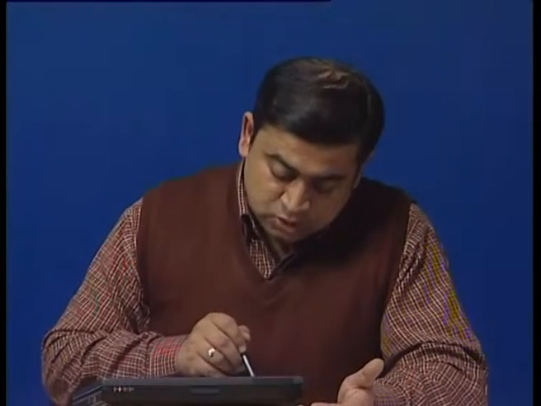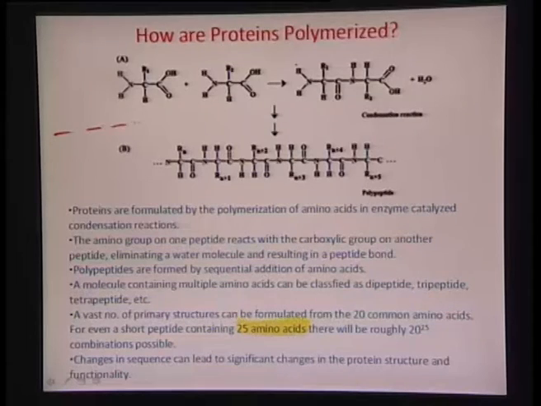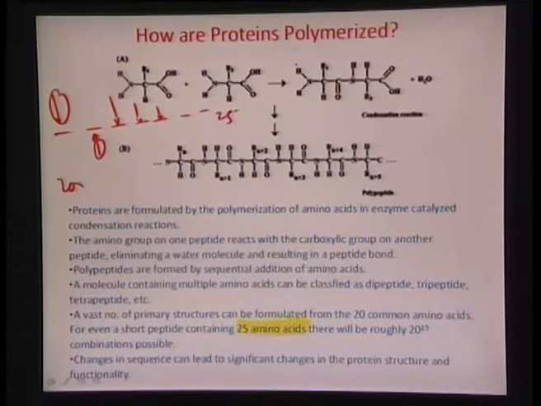Such a vast number of arrangements is available only for a 25 amino acid sequence. So you can have 25 positions, and 20 amino acids in each of these positions. Essentially 20 into 20 into 20 and so on up to the 25th term. So 20 to the power of 25 combinations.